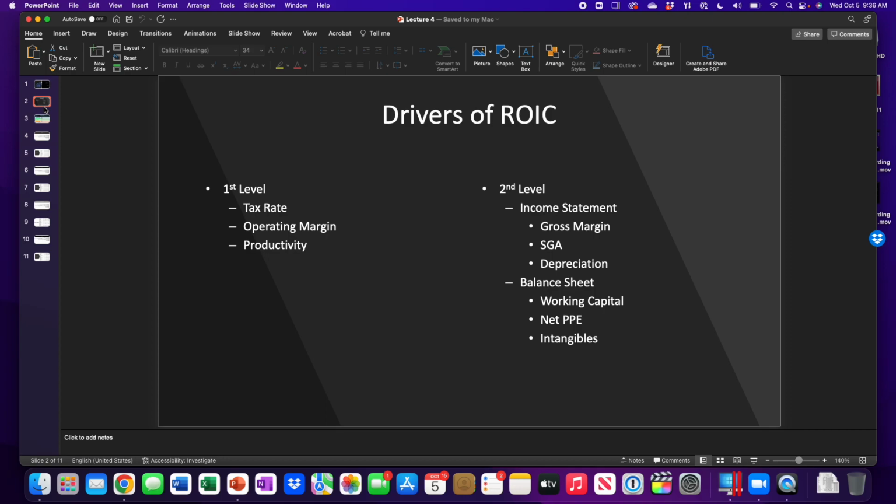The first one is the tax rate. The second one is the operating margin, or the EBIT margin, the pre-tax margin of the firm. And the third is what we're going to call productivity or efficiency. Okay? Those three things explain ROIC. Right? So we're going to talk about each one of them and how the changes in any of those affect the changes in ROIC. So that's the first part of the analysis we're going to do.